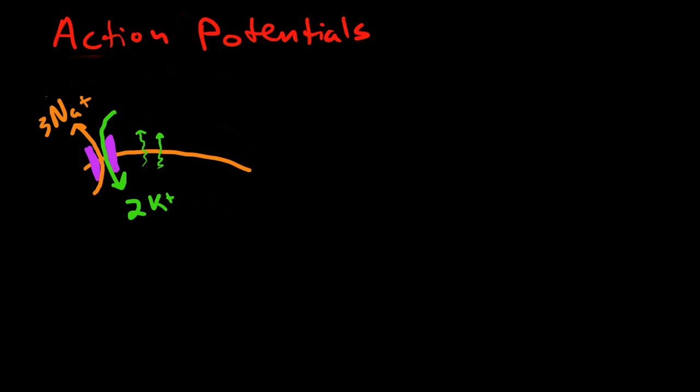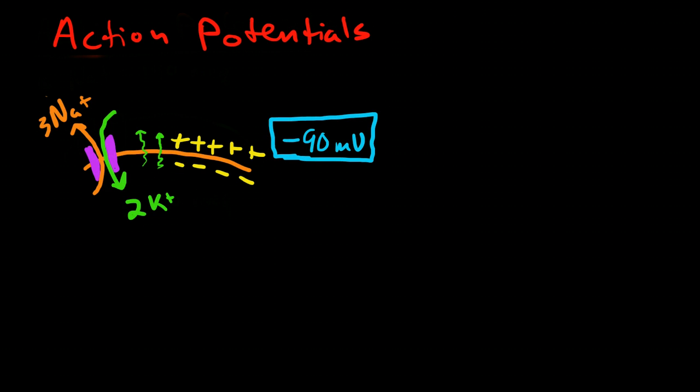These two factors create a situation in which we have more positive ions just outside the cell than inside the cell. So we end up with a slightly positive charge outside the cell and a slightly negative charge inside the cell. If we measure this with a voltmeter, we end up with a charge of negative 90 millivolts or so.